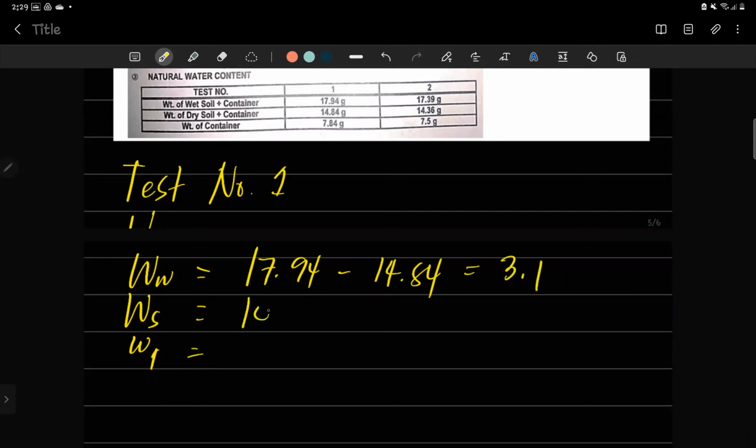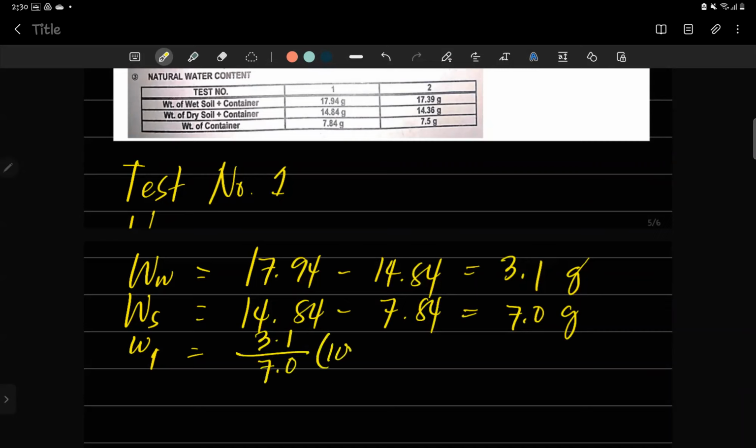And then we have 14.84 minus the weight of the container, that is 7.4 grams. So this is equal to 7.0 grams. And then we have 3.1 weight of water divided by 7.0 times 100%. So our moisture content 1 is 44.29%.